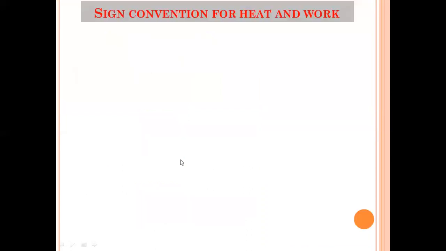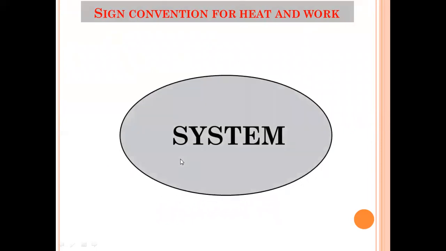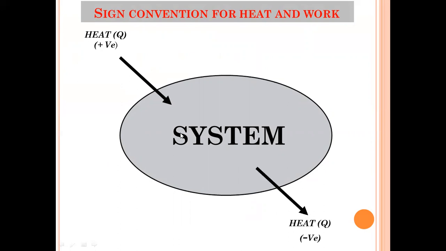Sign convention for the heat and work. Let us consider the system. When we supply heat to the system, the heat supplied to the system is always taken as positive, whereas the heat rejected from the system is taken as negative.